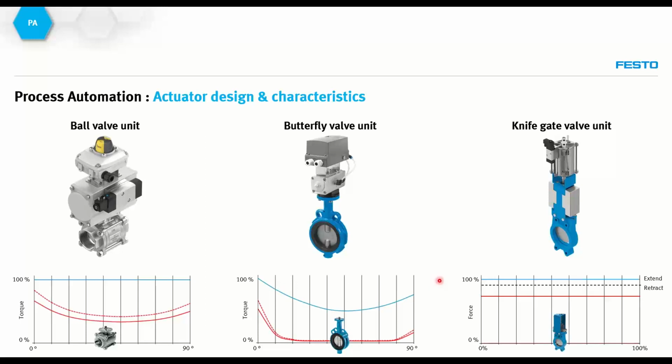On the other hand, we see also the graph of the linear knife gate valves. As we can see, this is the force requirement for the angle seat valve and knife gate valve. And also we see the forces which I am able to collect from the linear actuator, whether it's extend or retract force.